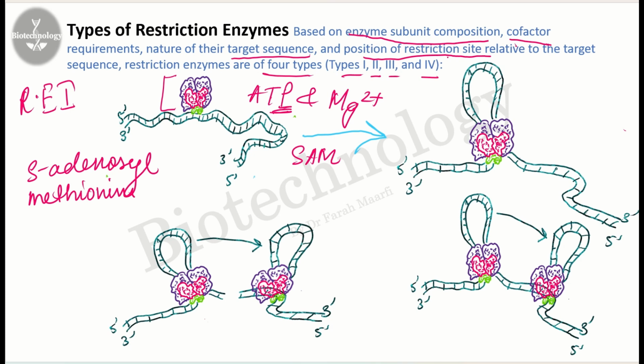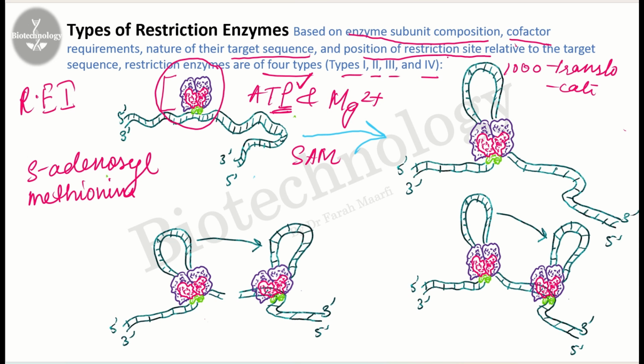Once the protein complex binds the DNA molecule, it acts as a molecular motor. Utilizing the ATP, it translocates thousands of base pairs until it encounters another complex.